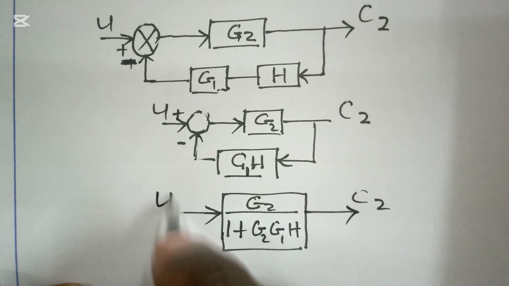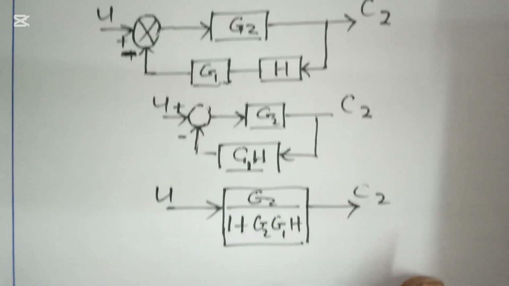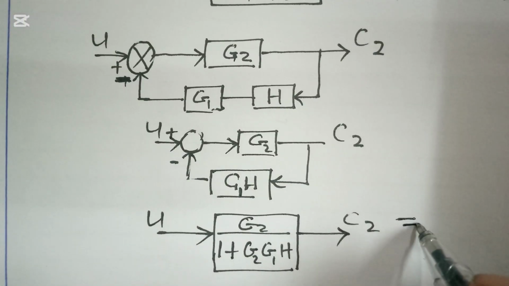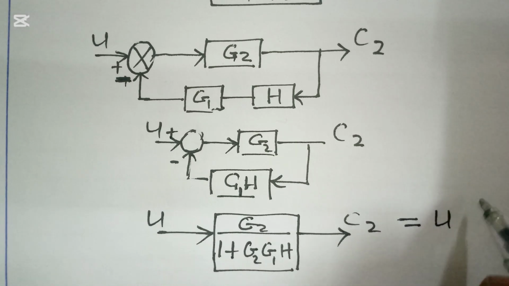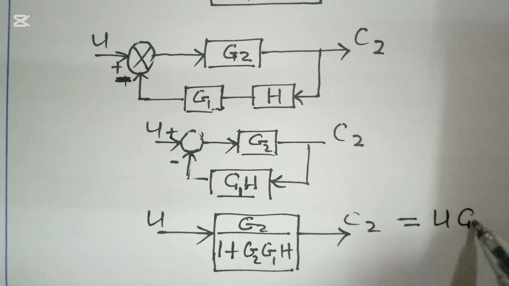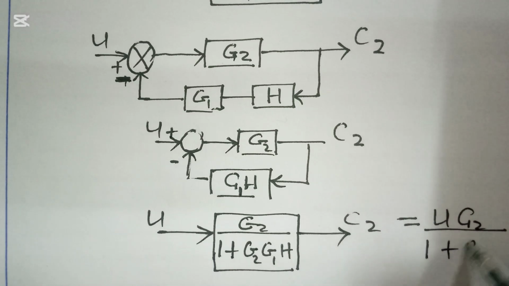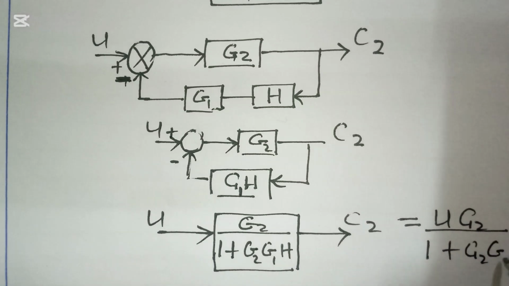Here we have U. And so therefore, C2 is supposed to be equal to U, G2 all over 1 plus G2, G1, H, like that.